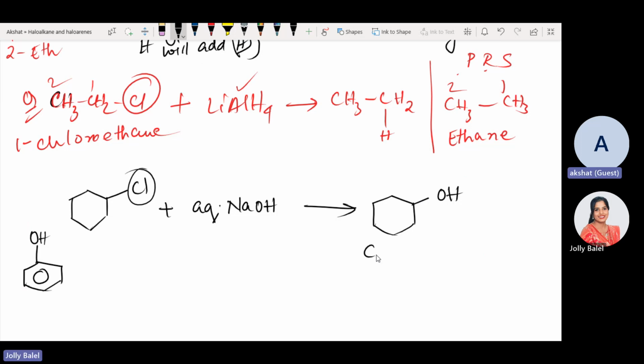So it is cyclohexane, it would be hexane, with the extra ol: cyclohexan-2-ol. If only one is there, why will you go for two? The smallest number should be given, right? When you are writing the nomenclature, it is okay. Let's try.